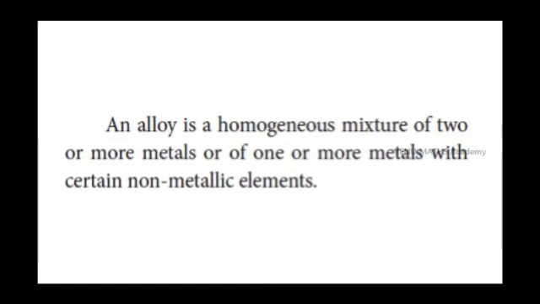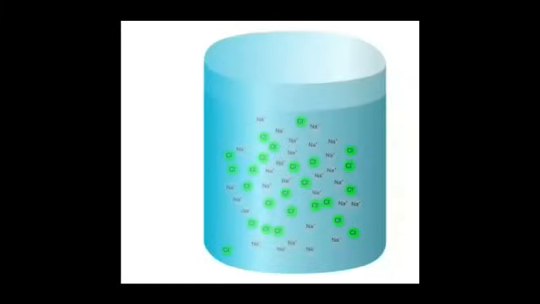The reason for combining one metal with another metal with some non-metallic element is to change either their properties or appearance. Let's understand the concept with an example of a solution. For example, let's take a solution: salt dissolved in water.